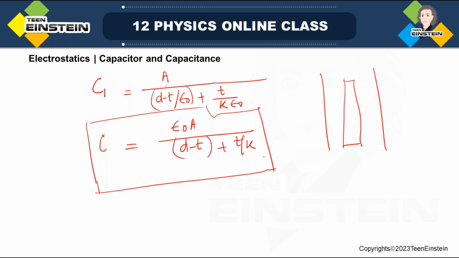When the parallel plate capacitor is partially filled with a dielectric material of dielectric constant K with thickness T, the formula is epsilon 0 A divided by D minus T plus T by K.